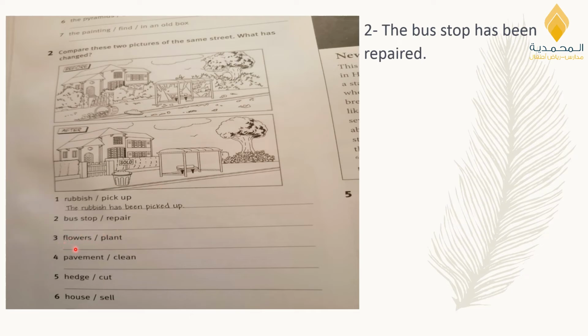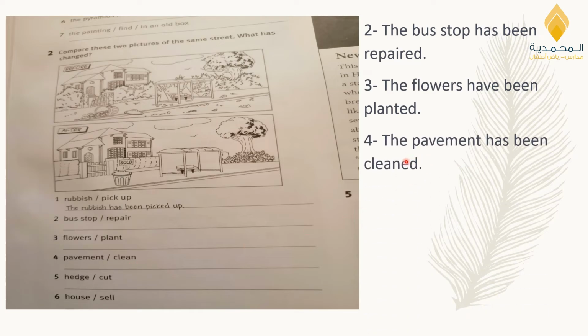3. Flowers, plant. The flowers have been planted. 4. Pavement, clean. The pavement has been cleaned. 5.